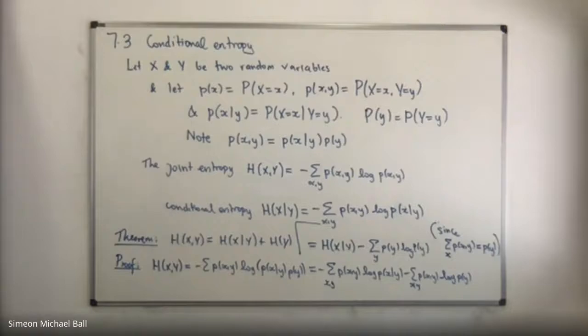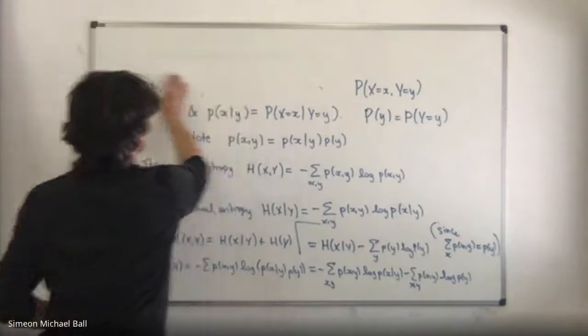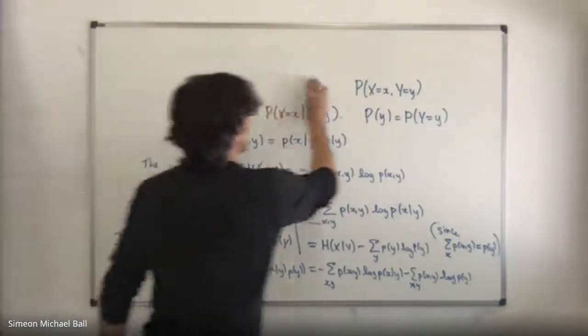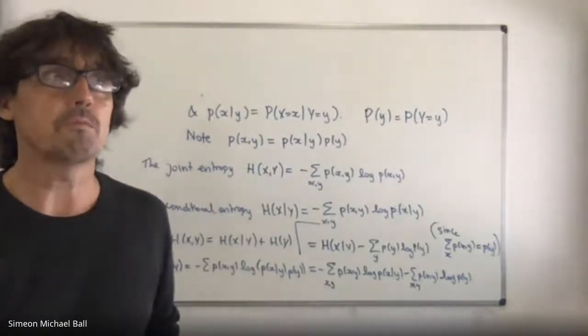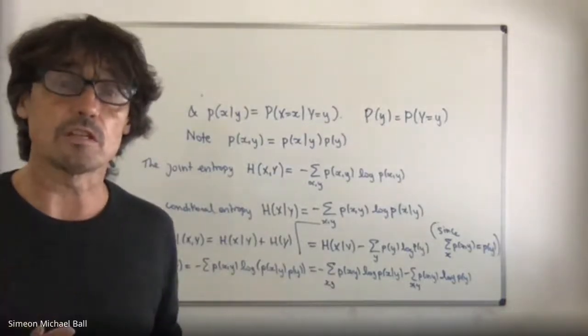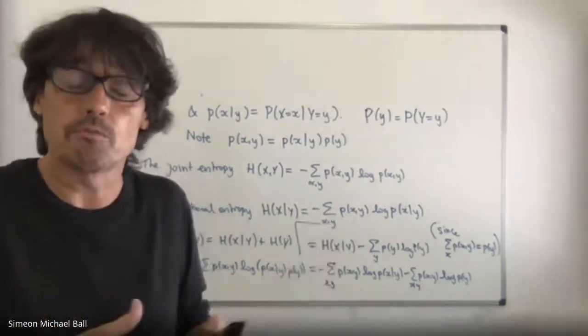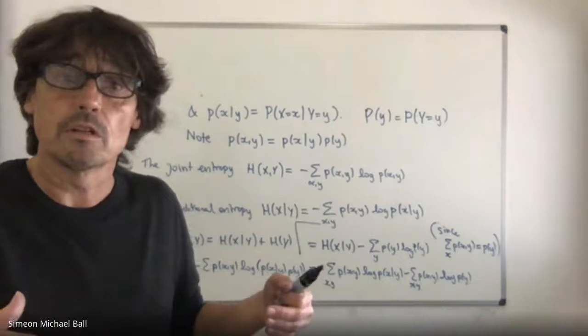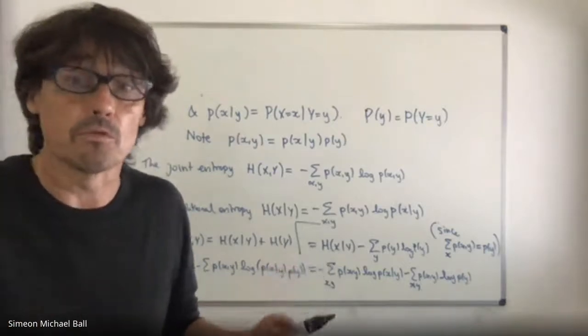So one way of interpreting this is to say that, in general, you can think of entropy as a measure of uncertainty. It's bigger when you've got an equal probability distribution, and then we've got the maximum uncertainty possible.